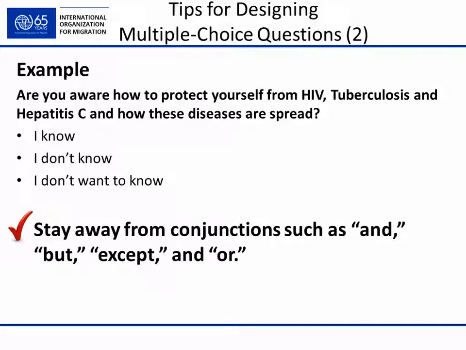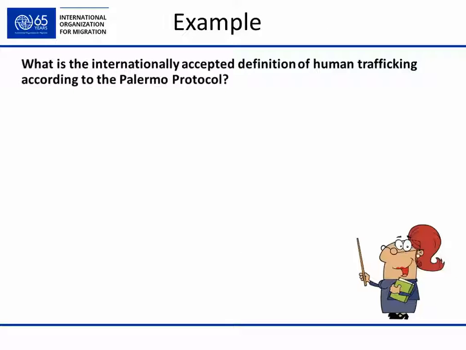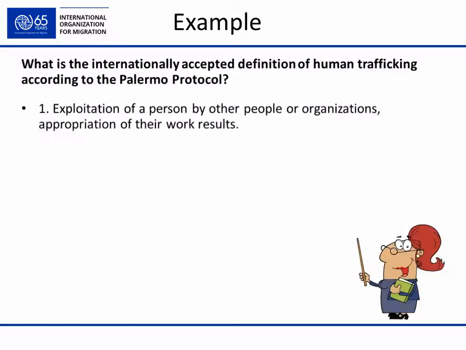So it's better to have, let's see another example. What is the internationally accepted definition of human trafficking according to the Palermo Protocol?